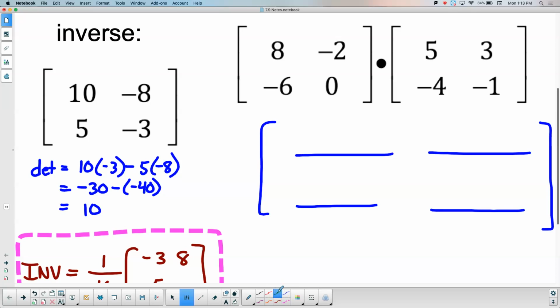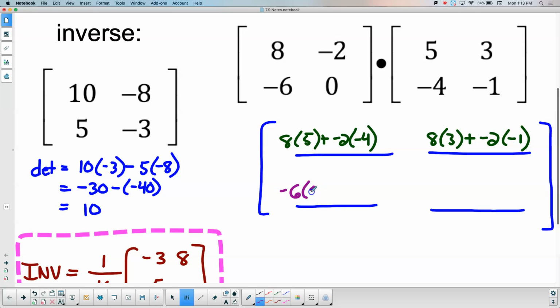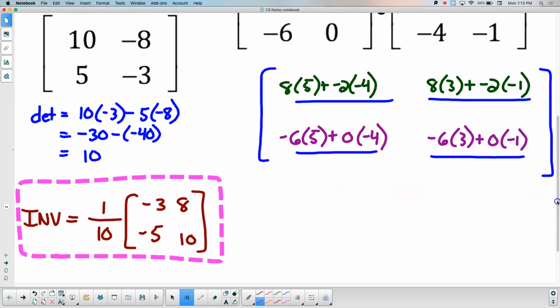So we've got 8 times 5 plus negative 2 times negative 4, 8 times 3 plus negative 2 times negative 1, negative 6 times 5 plus 0 times negative 4, and negative 6 times 3 plus 0 times negative 1.